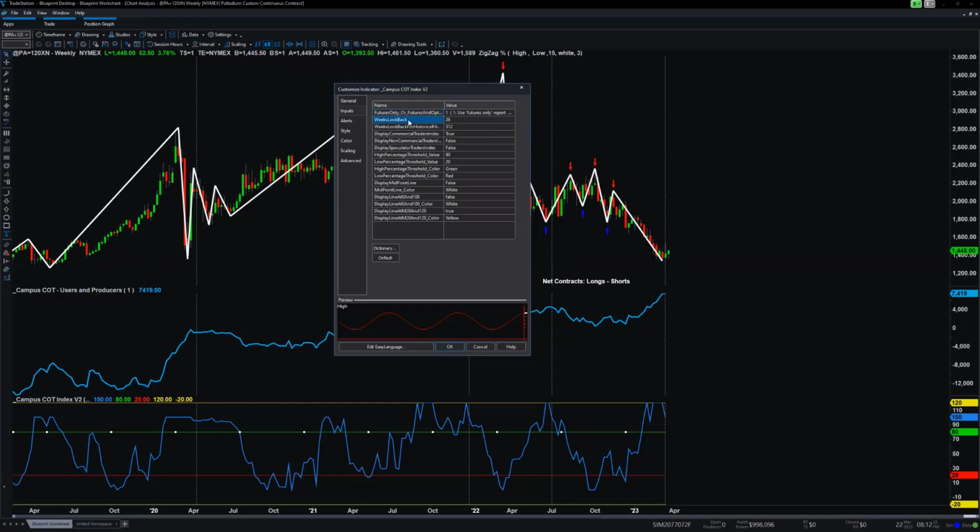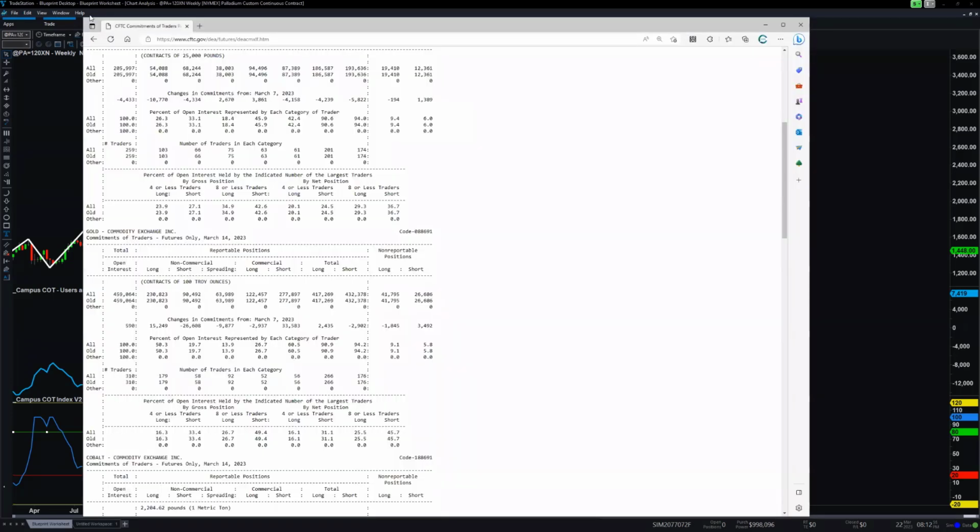So what I have here, starting with the first row, is futures only, or futures and options. We put an option here to also ask for options data. We bake this into our indicator as well. We don't use it, but just in case at some point we want to get into options trading for any reason, then we could technically look at their options report on the CFTC website.